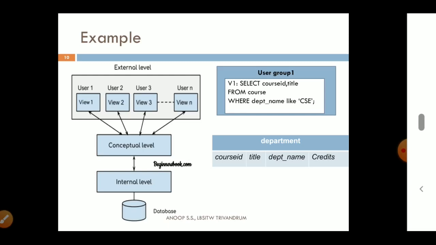So it is available at the external level where the result set is not actually calculated. We say v1 means this select query. The result of this select query is v1. So the select query along with the view name is saved. Nothing else is created or saved.